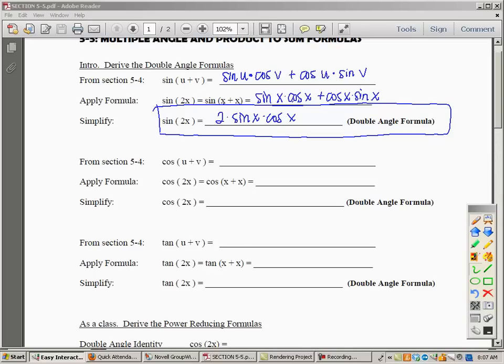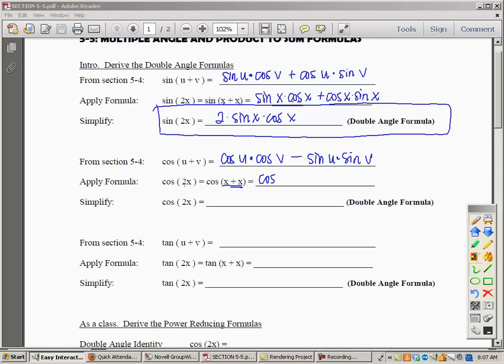The second one, let's talk about cosine. The sum of a cosine is the cosine of u times the cosine of v. And because it was a plus, we do minus the sine of u times the sine of v. Now again, same idea. If I want a double angle, I'm going to put in x instead of u and v.